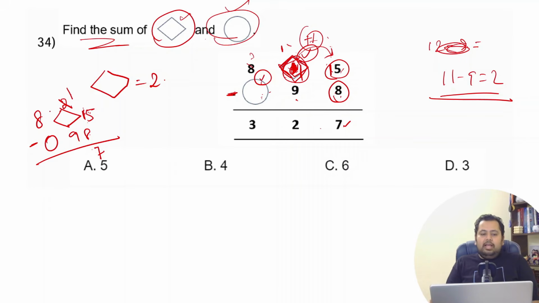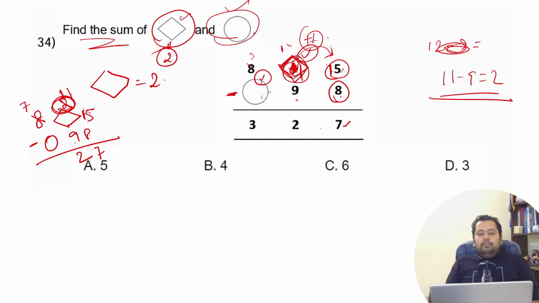And then again, you would have taken 1 from here, it would have become 11. 11 minus 9 is 2, right? I hope you know this subtraction, three-digit subtractions. So then this becomes 2, right? So initially 2 was there, correct?